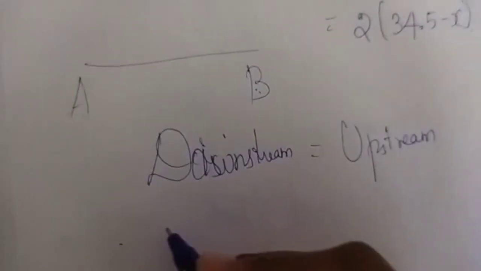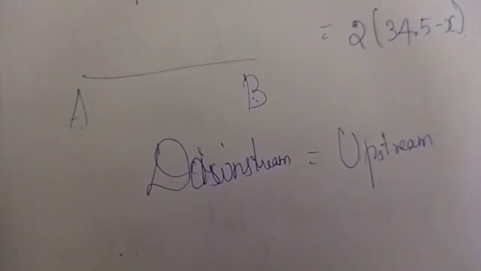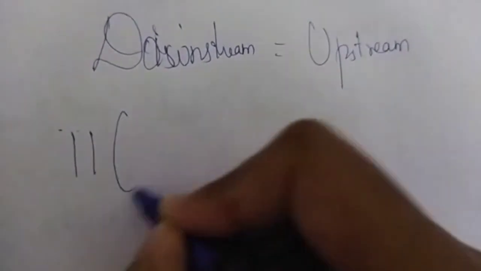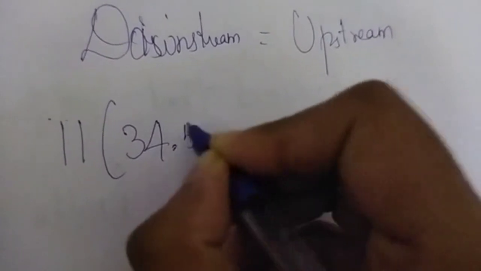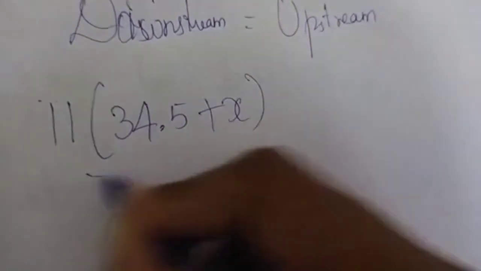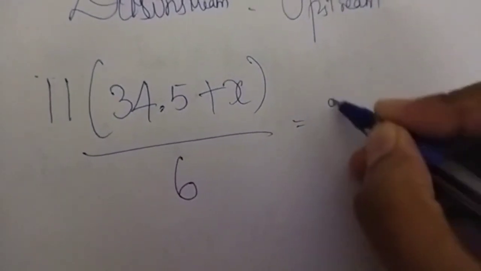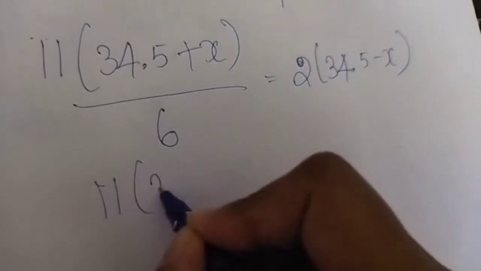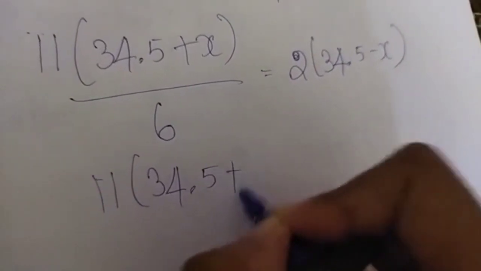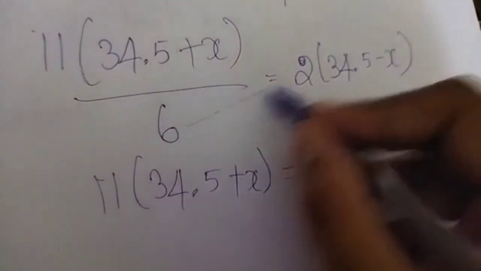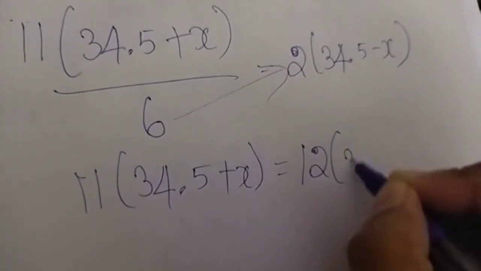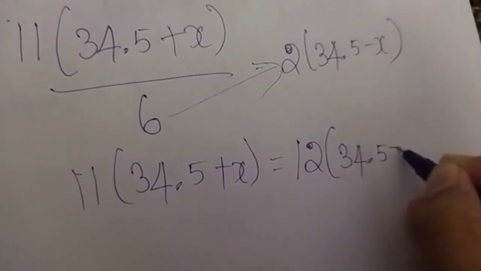Downstream distance is nothing but 11 into (34.5 plus x) divided by 6, which is equal to 2 into (34.5 minus x). So 11 into (34.5 plus x) is equal to, 2 going this side, 6 into 2, 12 into (34.5 minus x).